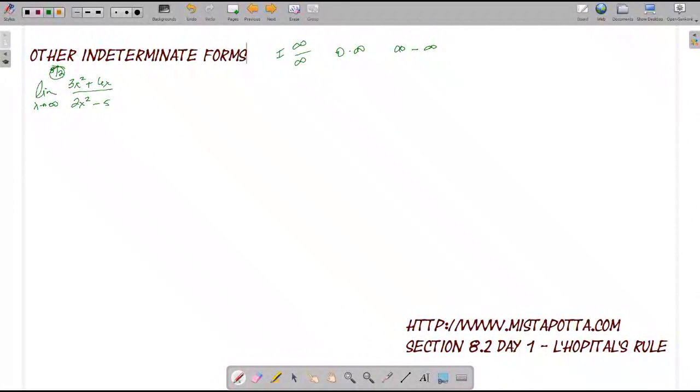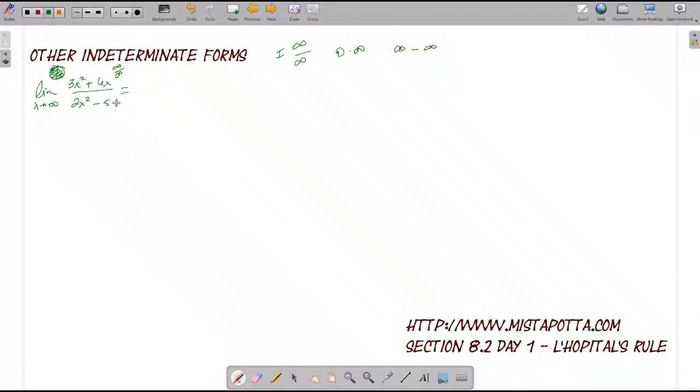But I do want to take a look at it from the standpoint of L'Hopital's rule. If I was to substitute infinity, as well as anyone can, I end up with infinity over infinity. I end up with this indeterminate form.